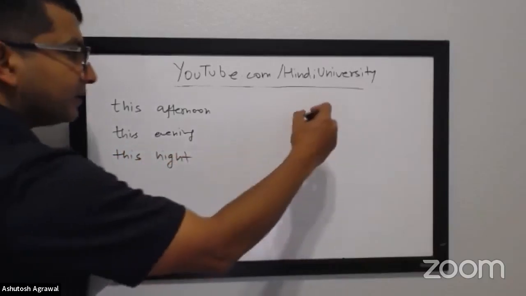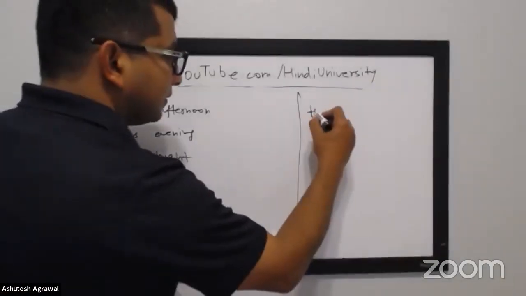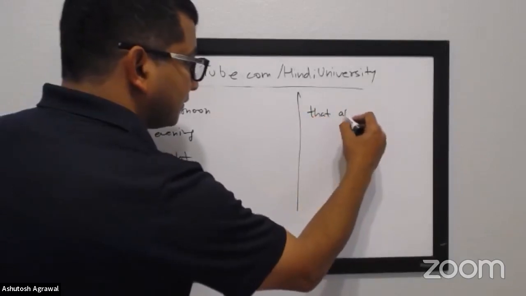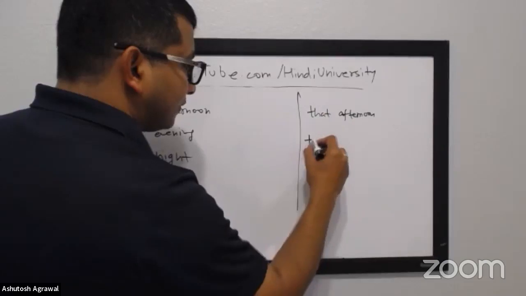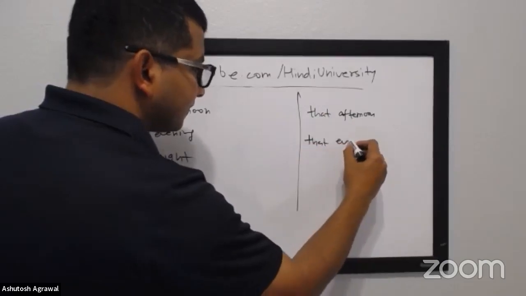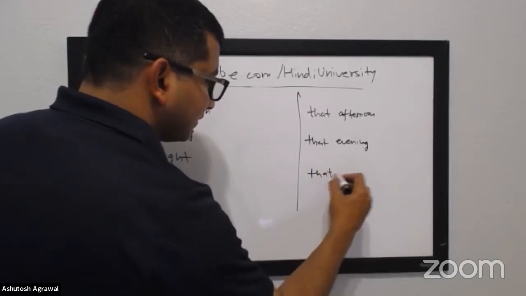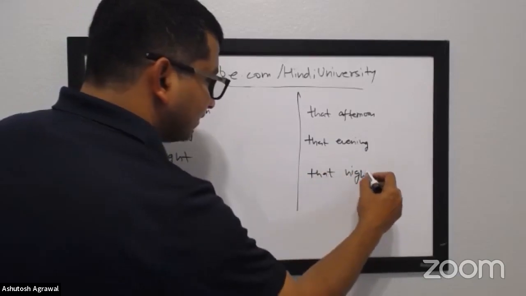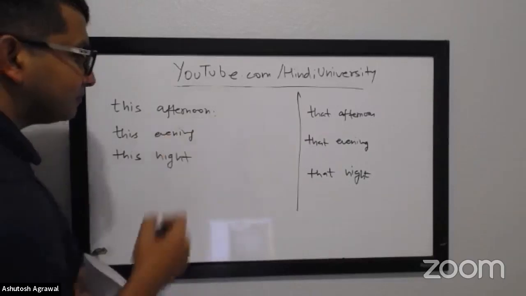In parallel to that, if you were to say that afternoon, that evening, and that night. I'm assuming some of you already tried thinking how you will say it in Hindi. How will you say this afternoon?